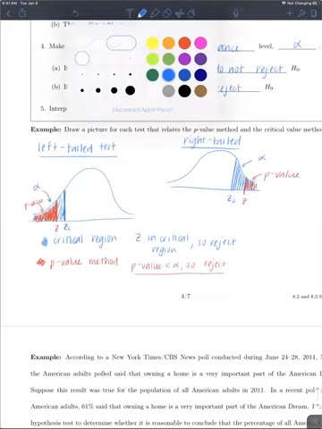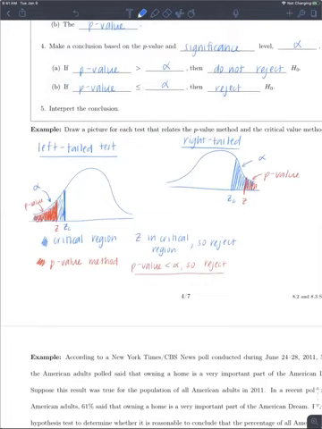If I drew alpha as a square, then the p-value would be a square that's that big. If you can fit p inside of alpha, that means it's smaller than alpha. Does that make sense? Okay. So the p-value is smaller than alpha whenever you can stick it inside of the piece that alpha takes up.